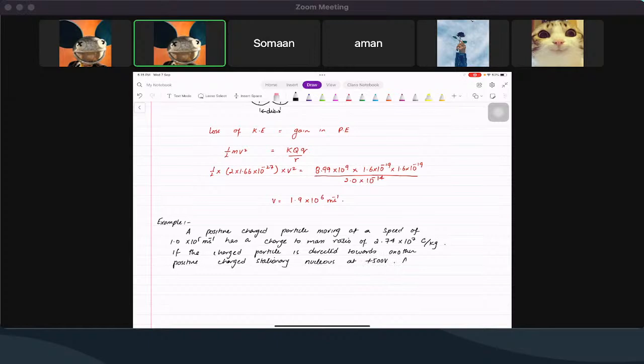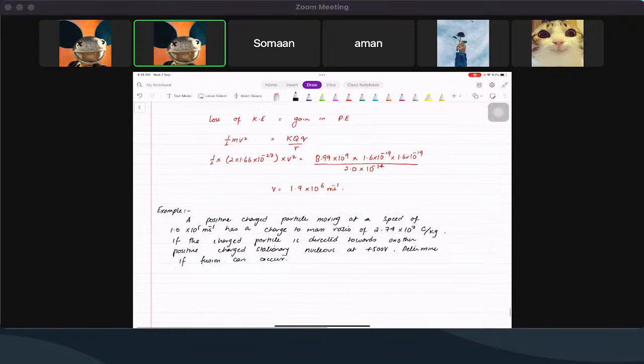Now determine if fusion can occur. Okay, so this is the question.